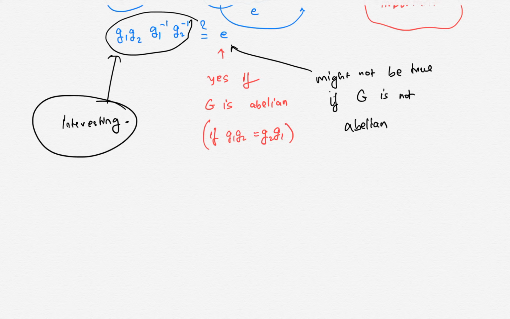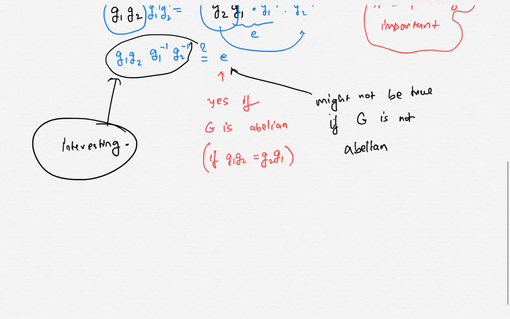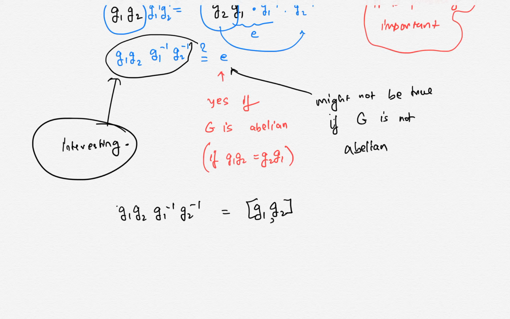We will be talking more about these commutator elements and the commutator subgroup. So this element g1 g2 g1 inverse g2 inverse is known as the commutator of g1 and g2, written in square brackets like this.